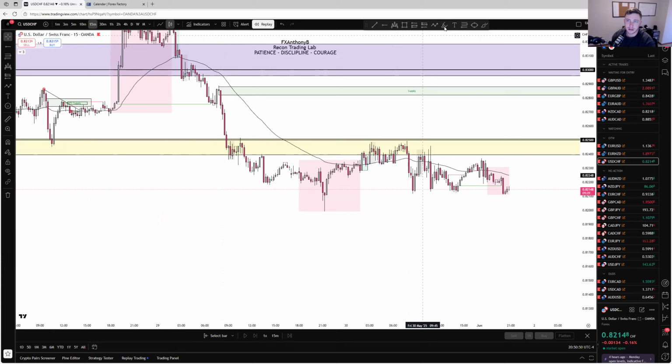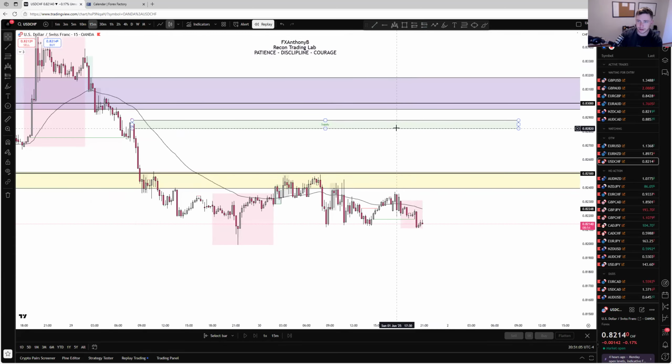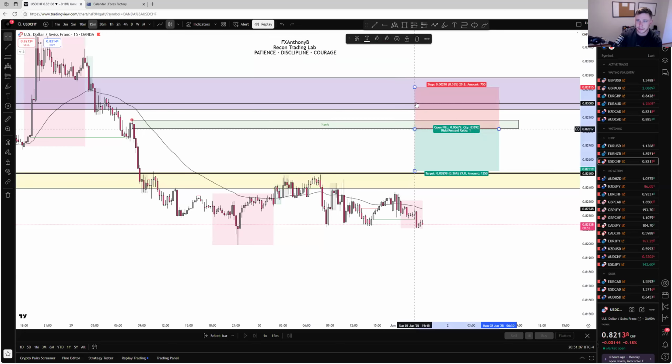Here is your inducement, and this is your BOS here with a bearish engulfing candle. So if price pulls its way up in here sometime this week, we'll be interested in taking the sells from this zone here. But for the time being, we will wait and watch.